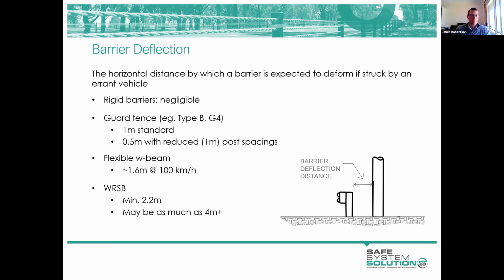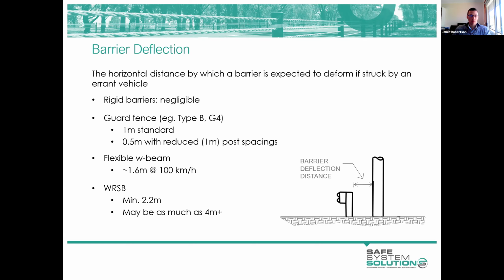So be mindful of that when you're comparing the different wire rope products. You're not comparing apples to apples. But suffice to say, they all deflect by a lot and perhaps by as much as 4 metres or more.